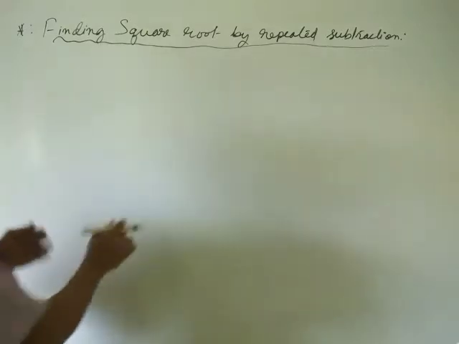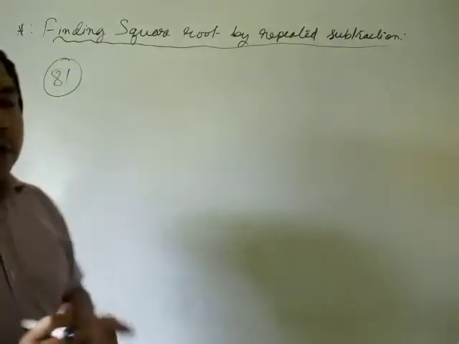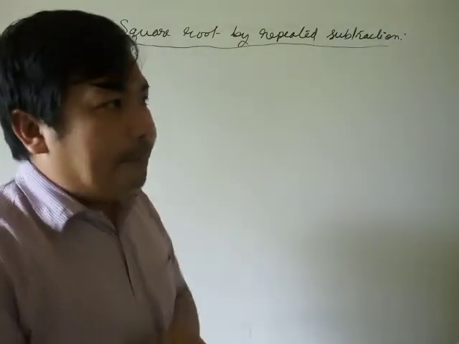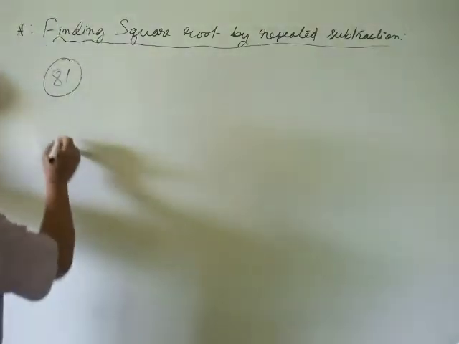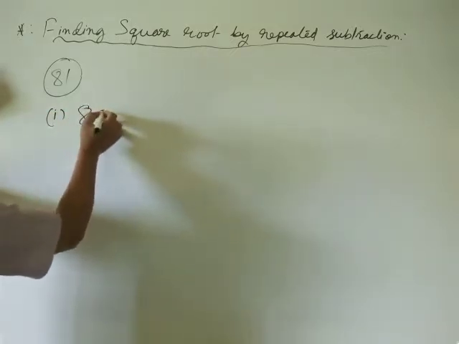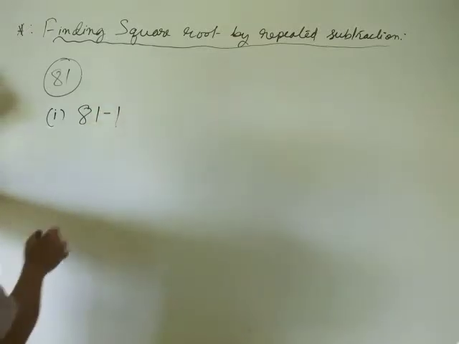So let us see. For example, one number is given here, 81. We are going to find the square root of 81 by this method called repeated subtraction. So what we do first of all, in the first step, 81 minus 1.